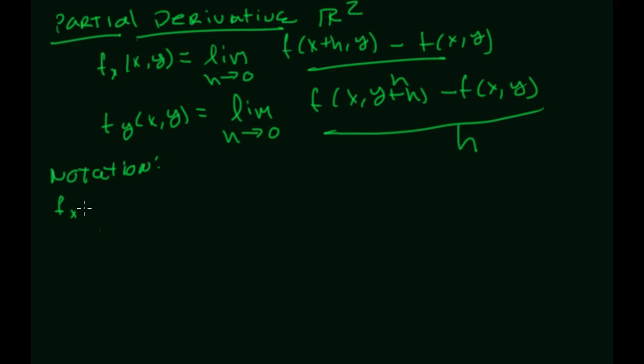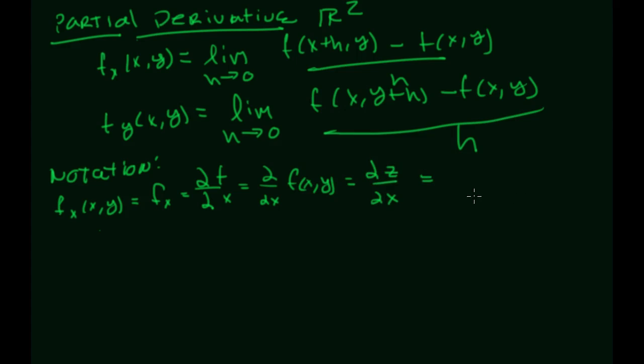So f with respect to x of (x,y) is the same as f with respect to x, is the same as the partial of f with respect to x, which is the same as the partial with respect to x of f(x,y), which is the same as the partial of z with respect to x, the same as the first partial of f, or the first derivative of f, or the derivative with respect to x of f.